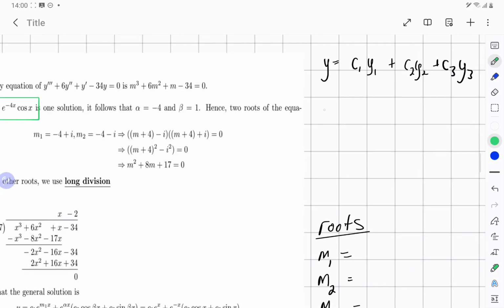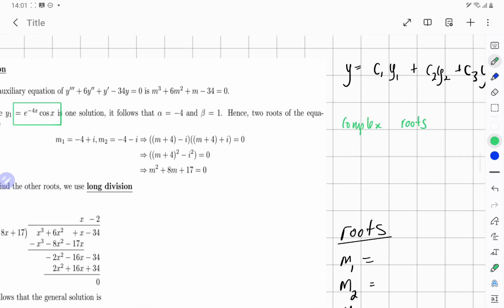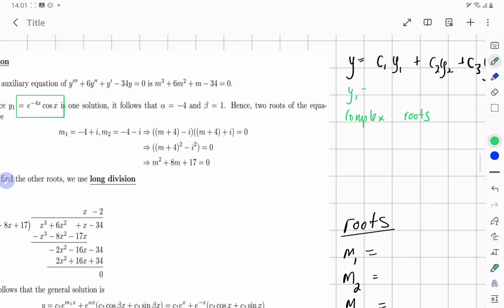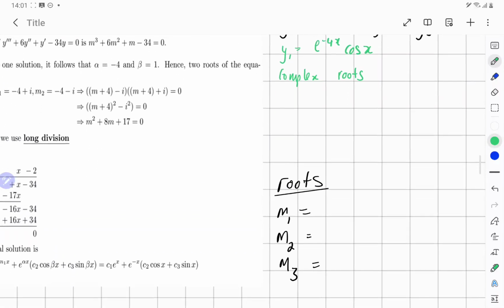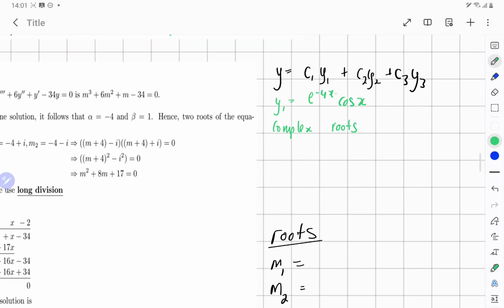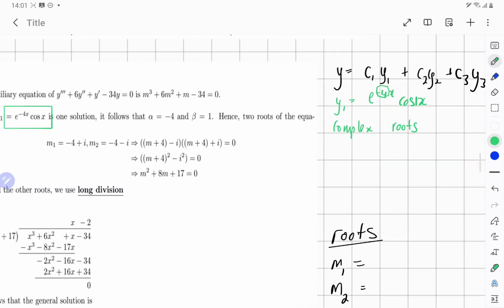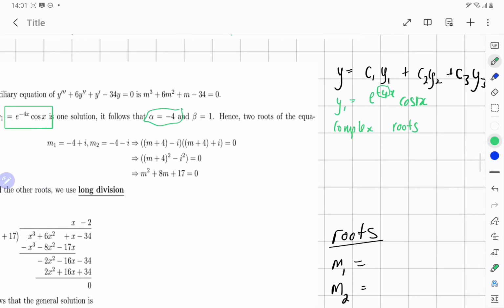So we know we're going to have complex roots if it's given that e to the negative 4x cos x is a solution. So that actually means that our alpha is negative 4 and our beta is 1. Alpha negative 4, beta is 1.